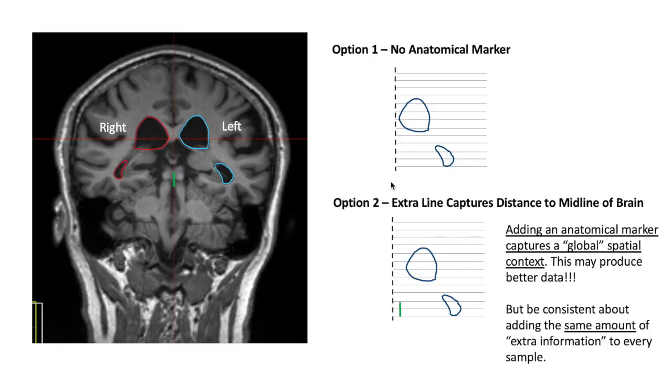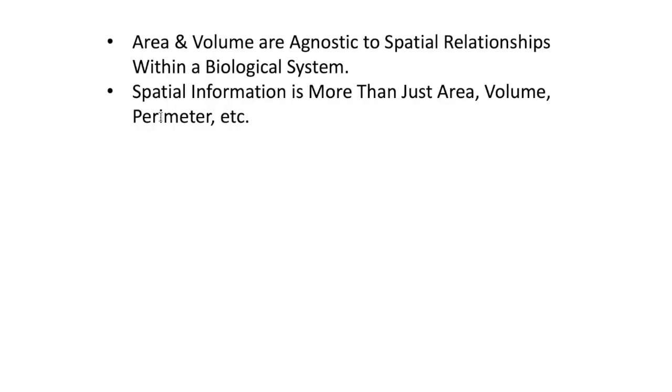Spatial context is a very important concept in the life sciences, but it's easy to forget because we're so used to measuring volume and area and variations of them, such as surface area. The thing about volume and area is that they are agnostic to spatial relationships, especially within a biological system. But spatial information is more than just area, volume, perimeter, and so forth.